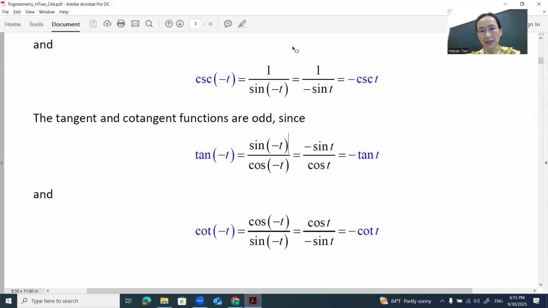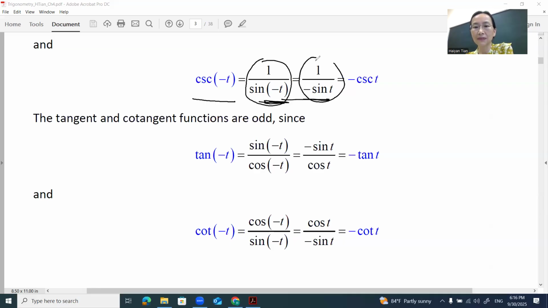The cosecant is also odd because the cosecant at negative t is just a reciprocal of sine at negative t. So because sine is odd, we can apply that property and end up with a negative cosecant t. So cosecant negative t is negative cosecant t. So cosecant is odd. When sine function is odd, cosecant is odd.